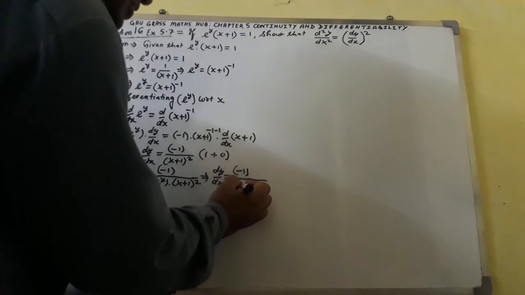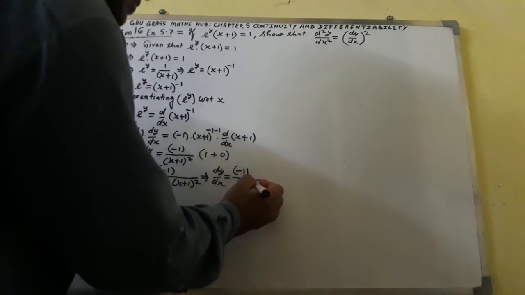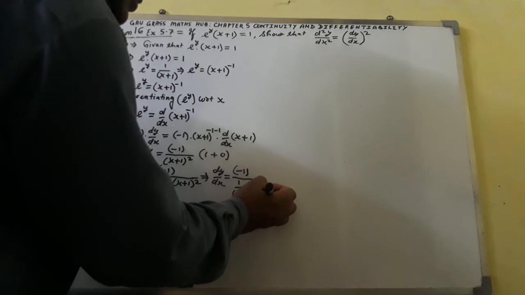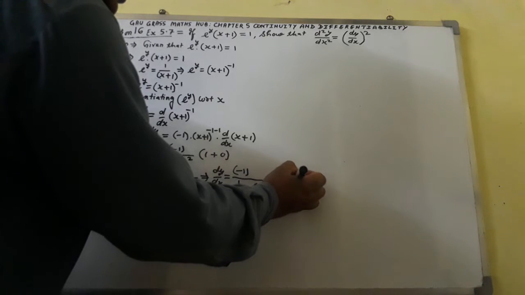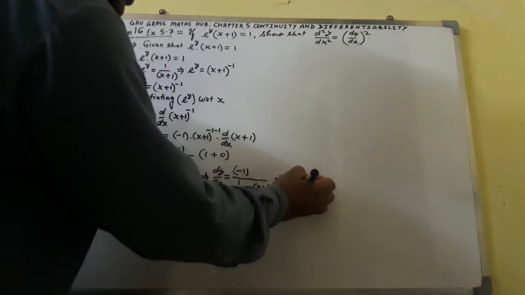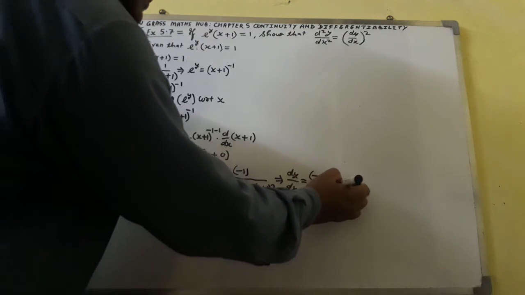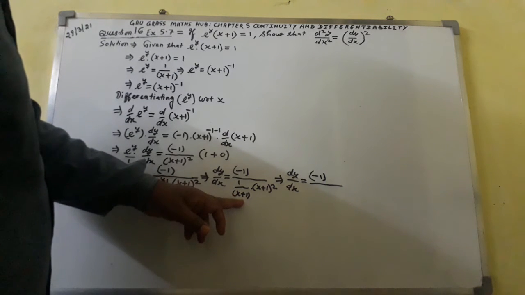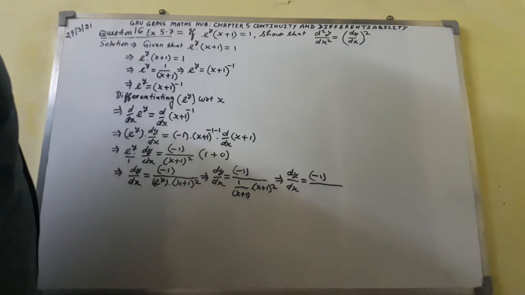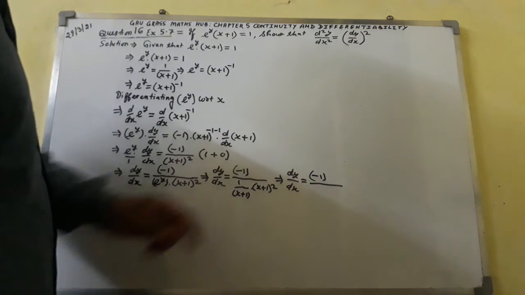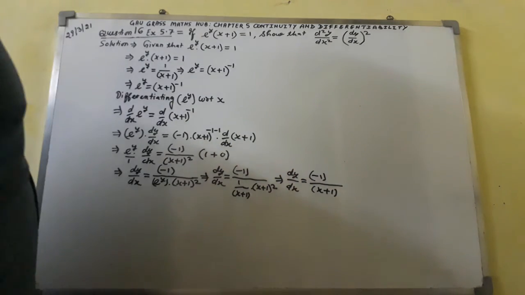So here write 1 plus, x plus 1 times (x plus 1) the whole square we shall get, comes out to be dy over dx equals minus 1 over, here x plus 1 is there in the denominator, (x plus 1) the whole square is there in the numerator. It will be cancelled out. Here you will get only x plus 1. This thing you have got.